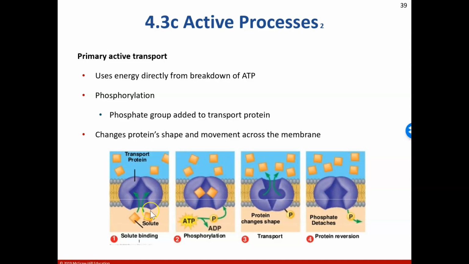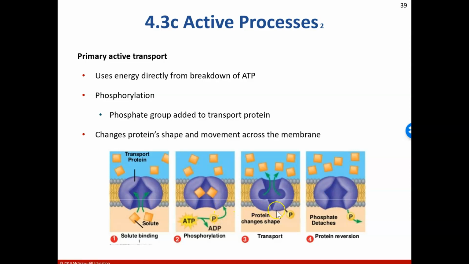So let me go through this again. We have a solute that is going to bind to the transport protein. ATP comes along. We break off one of those phosphate molecules through the process of phosphorylation. So now our molecule left over is ADP because we only have 2 phosphates left.